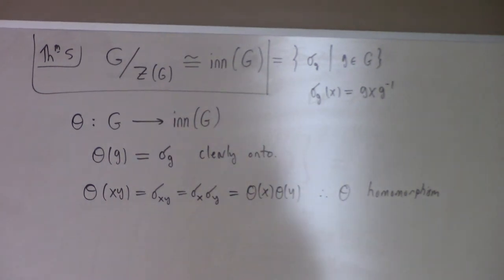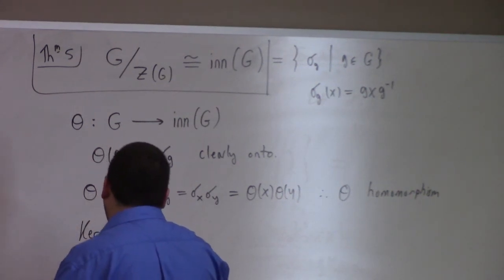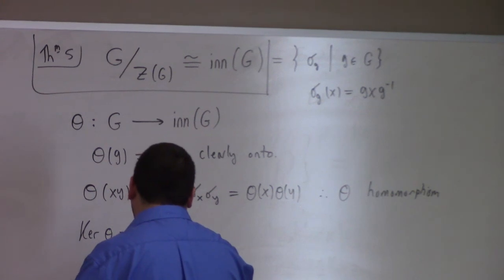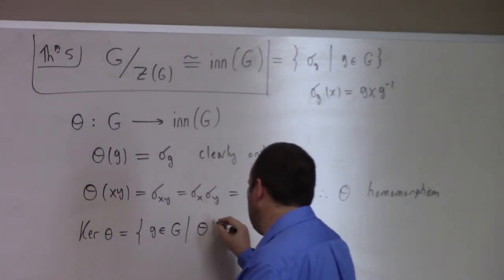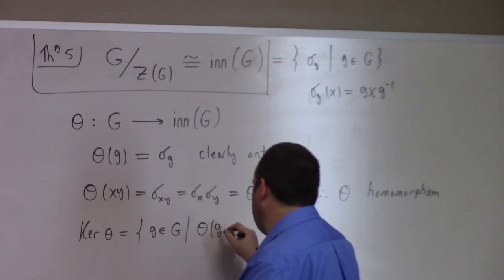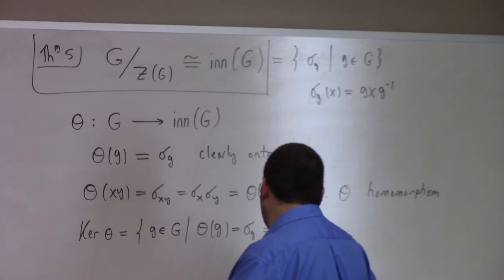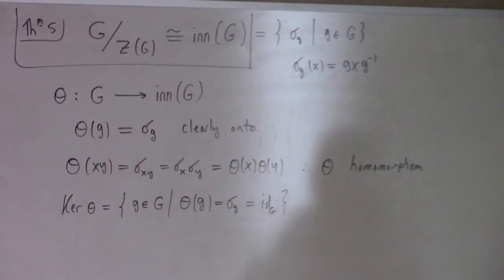So next order of business, calculate the kernel. What is it? So we'd be looking at g in G such that what? Yeah, theta of g, which, like you said, is sigma g, is the identity function on G, because that's the identity element there.